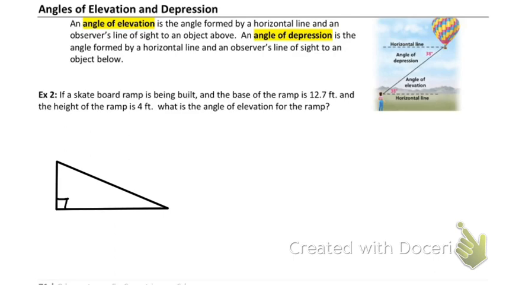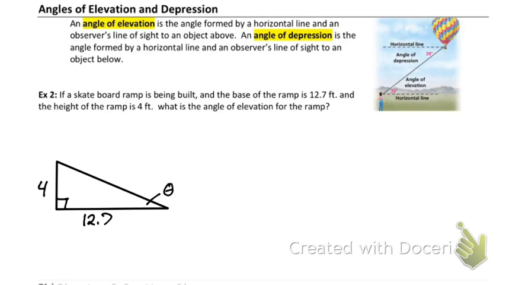We've got a right angle. It says that the base of the ramp is 12.7 feet, so we'll put 12.7 down here. It says the height is 4 feet, and it wants to know the angle of elevation, so that is that angle there. In other words, what angle should we put that at for this to work out with a 4 feet ramp?